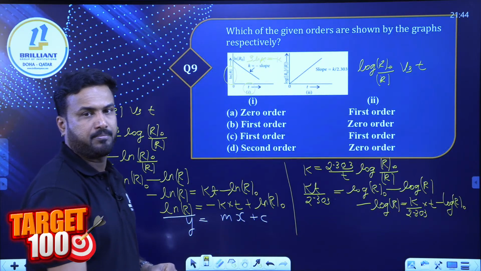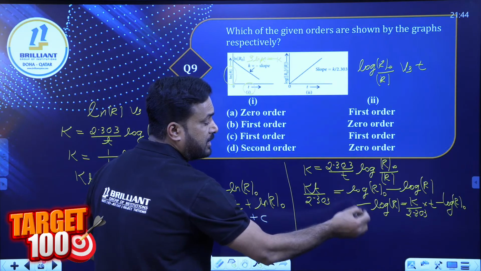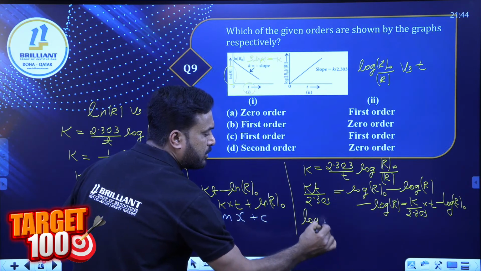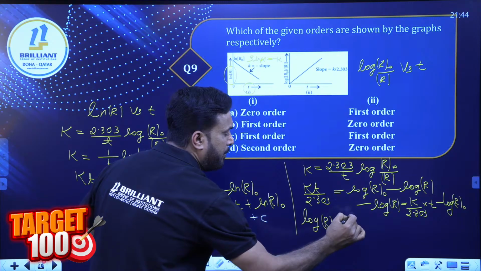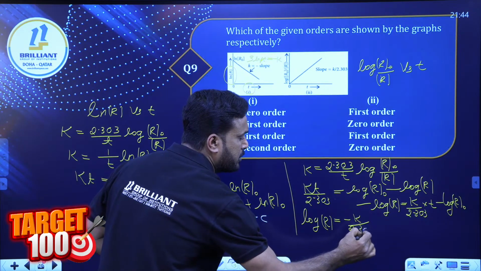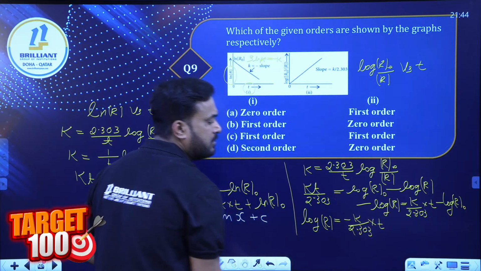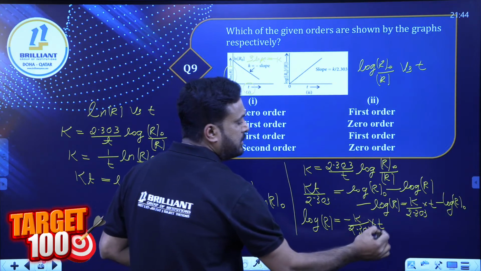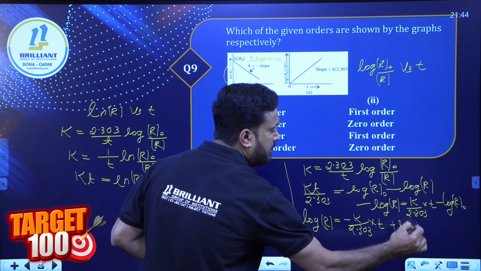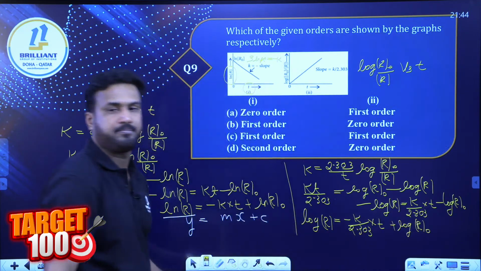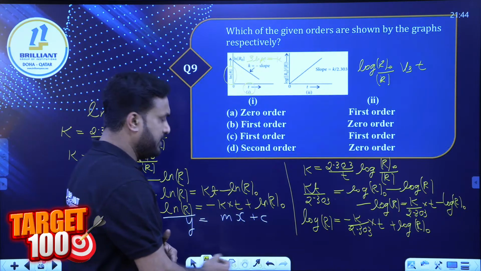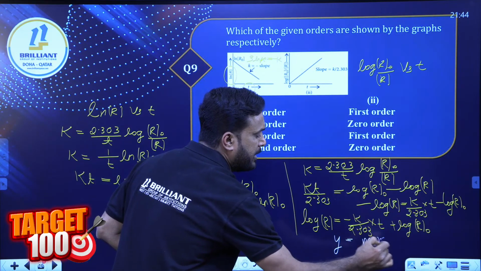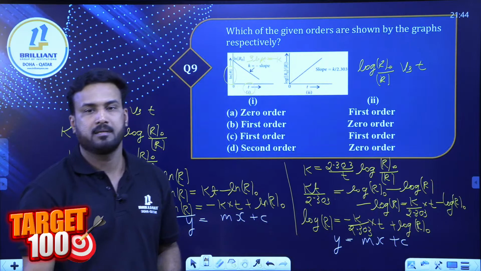If you rearrange, meaning reverse the sign, the same way we did for this one, then I will get log concentration of r equals minus k divided by 2.303 into t plus log r0, correct? Again we made the equation in the form of y equal to mx plus c, a straight line equation, correct?